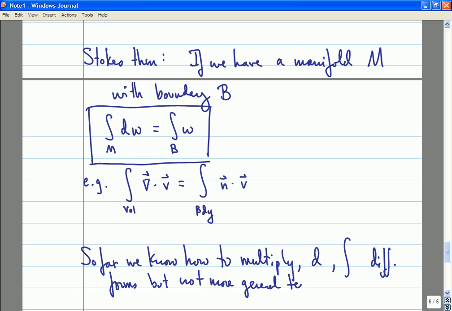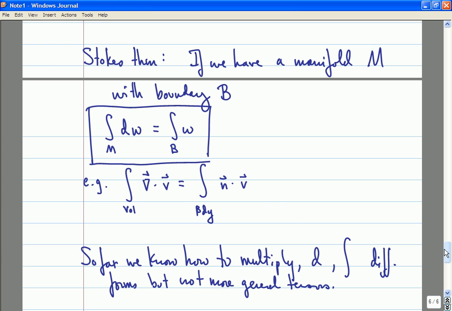The operations of exterior derivative and integral are general operators that exist independent of the geometry of space-time, of the geometry of our manifold. I never introduced any notions of geometry when I wrote down the wedge product, the exterior derivative, and so on.